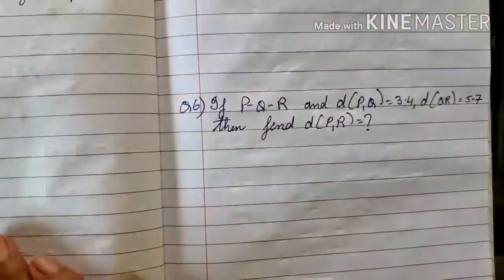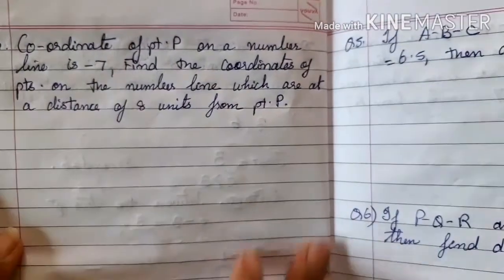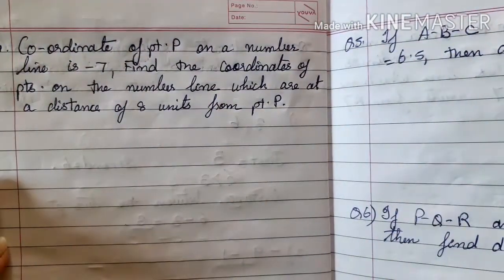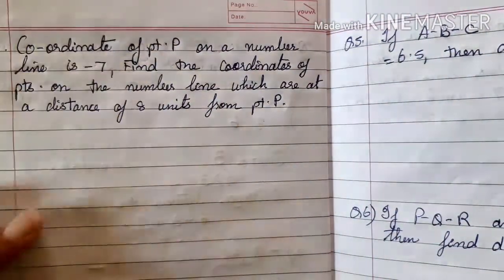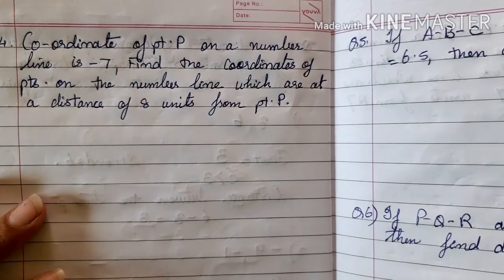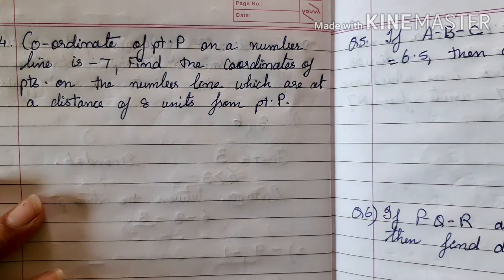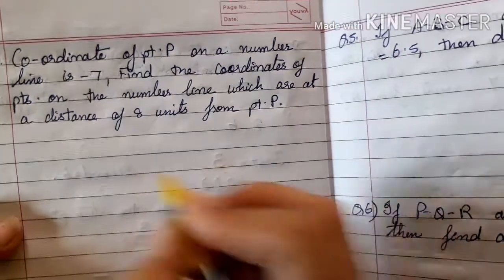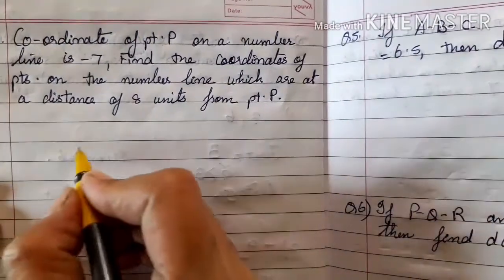Now, moving towards question number 4. The coordinate of the point P on a number line is minus 7. Find the coordinates on the number line which are at a distance of 8 from the point P. Got it? So here also first what we have to do, draw a number line.